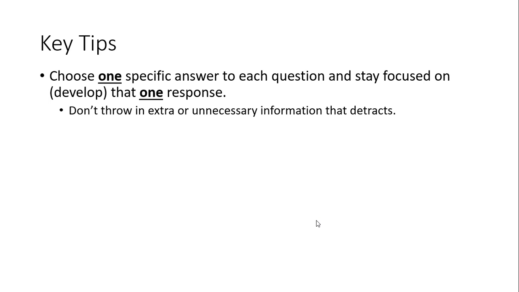I cannot tell you how many times I read a response where a student identifies a cause, and before they really explain it or describe it or develop that response, they then probably get nervous and say, oh, I had another idea. Let me throw that in here as well. And so now you've got two ideas when only asked for one, and you've never really explained or developed either one.